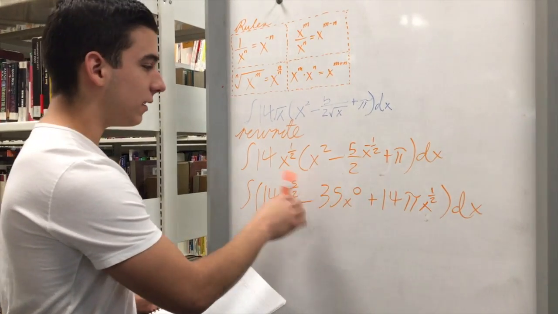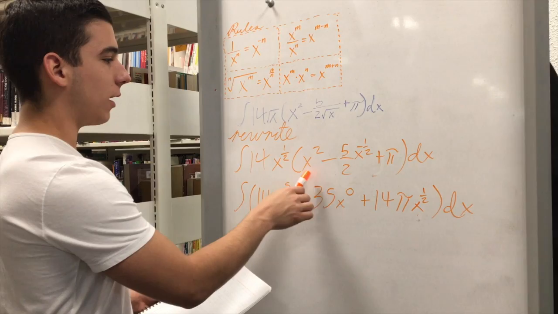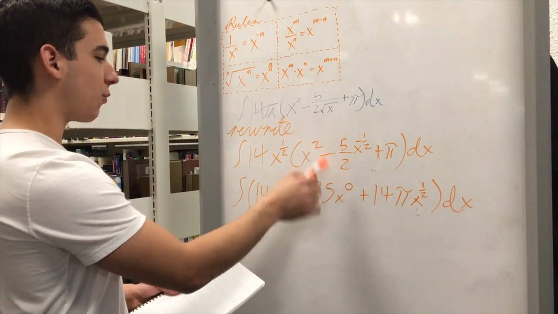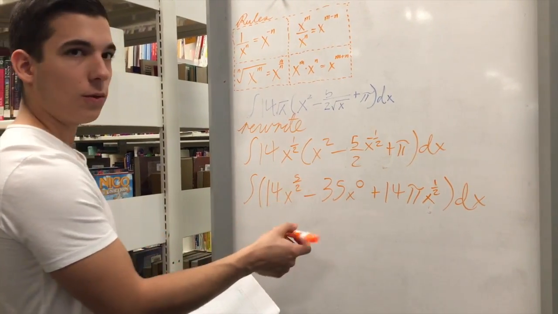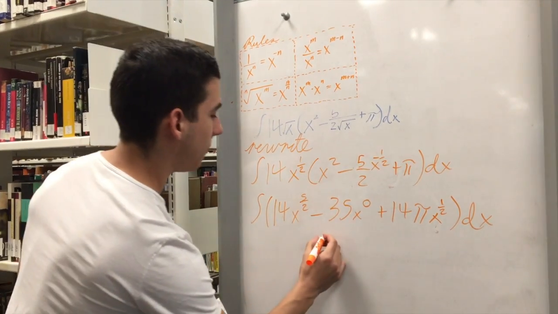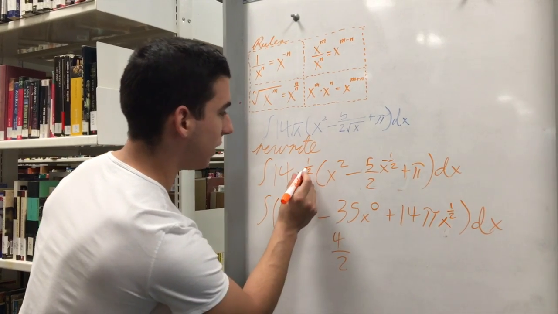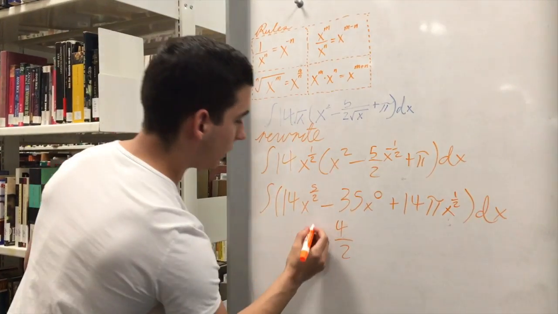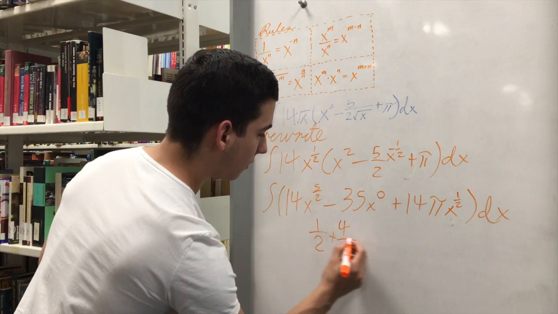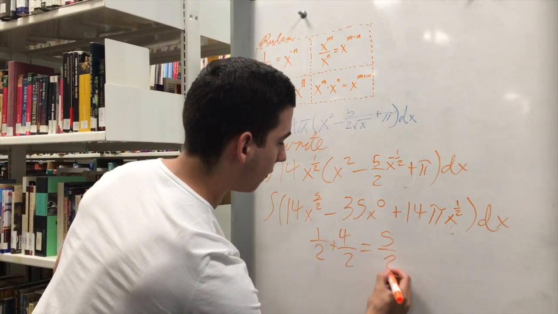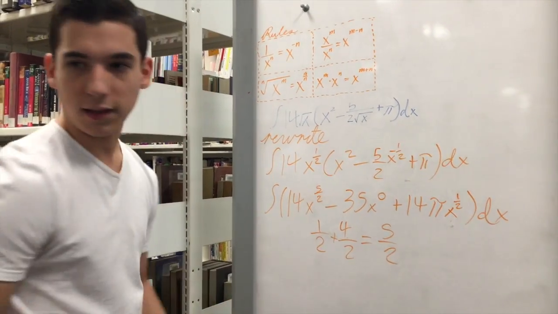So by multiplying, this is what we get. X to the 1/2 times the x to the x squared gives you x to the 5/2, because 2 is the same as saying 4/2. And since we need to add using this rule, it's 1/2 plus this, which gives you 5/2, which in this case is this.